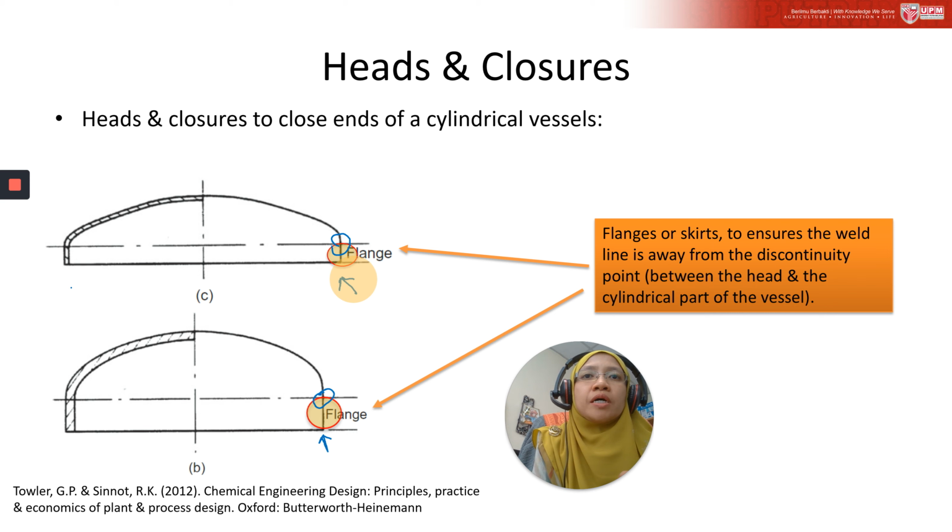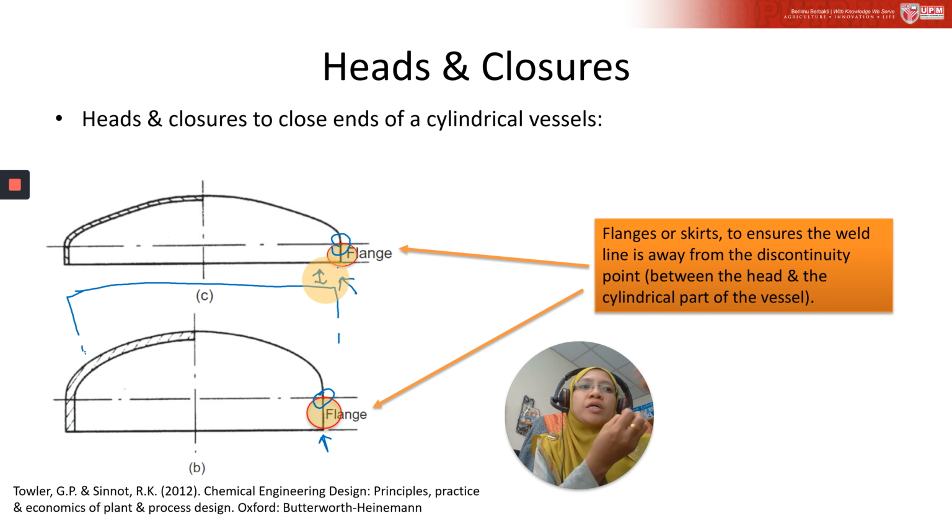So this is the main vessel body, and you put a cap on the main body of the vessel. The idea of having a flange is generally to avoid problems, because sometimes the welded joint could have limitations in strength and smooth surface.